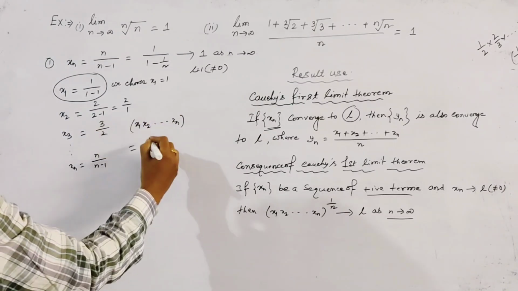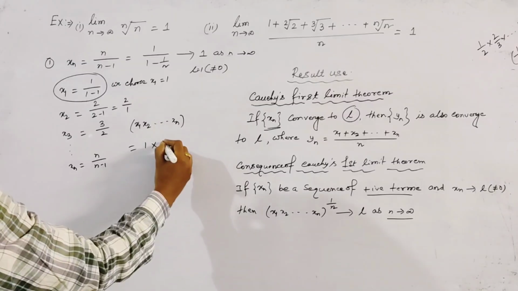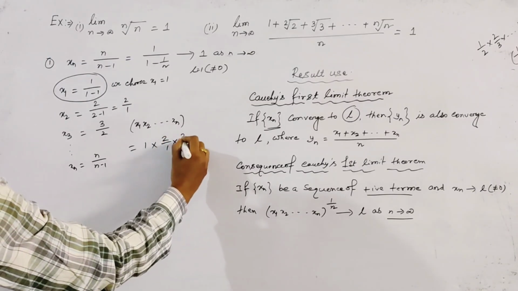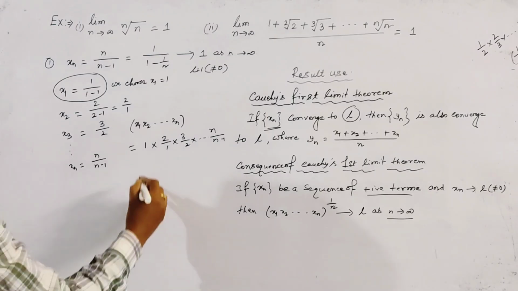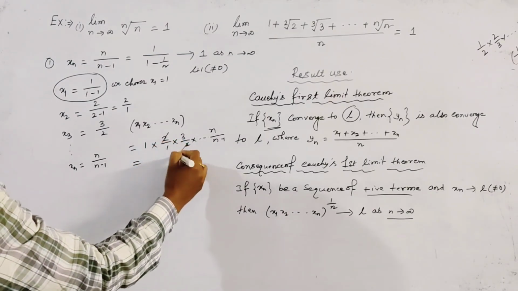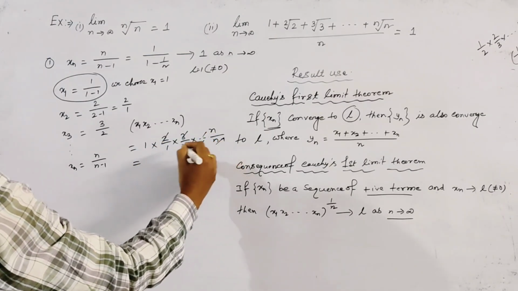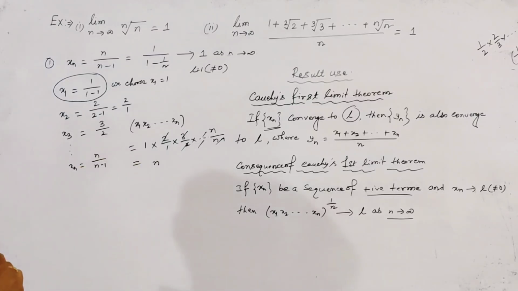This gives 1 into 2 by 1 into 3 by 2 and so on up to n by (n minus 1). The 2 cancels out, the 3 cancels out, and similarly we get the result n.